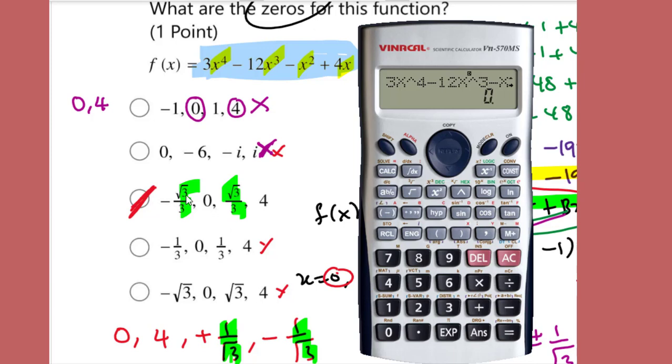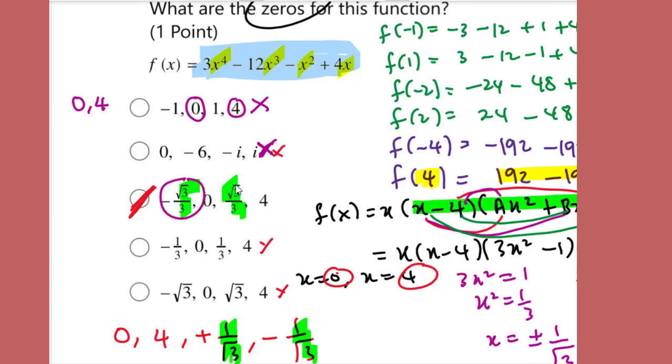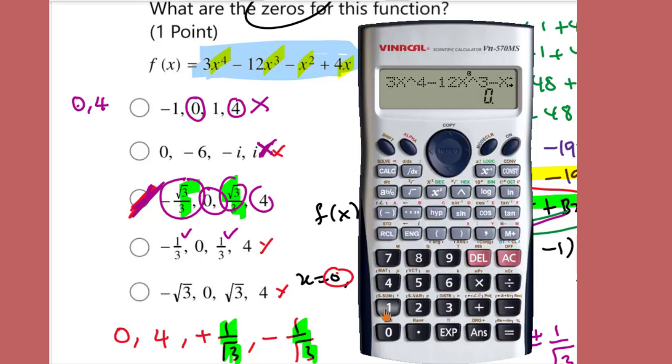So this one is 0 and this one is also 0. 0 and 4, so this is the option. You can test negative 1 over 3, 1 over 3, or negative set 3, or set 3. So here, just try and error and choose the option. This is an alternative. Okay, good luck.